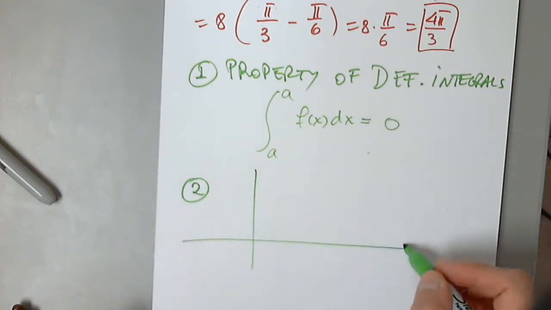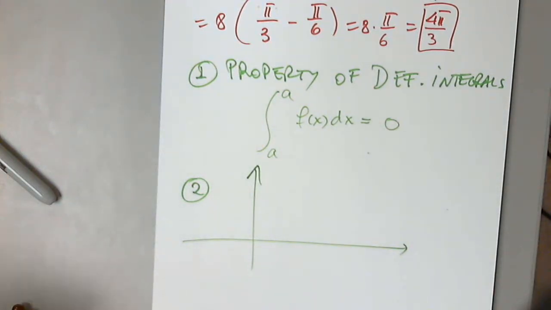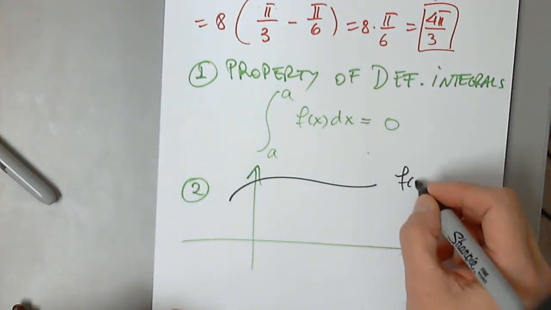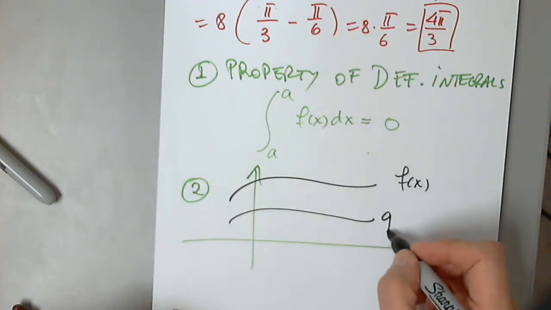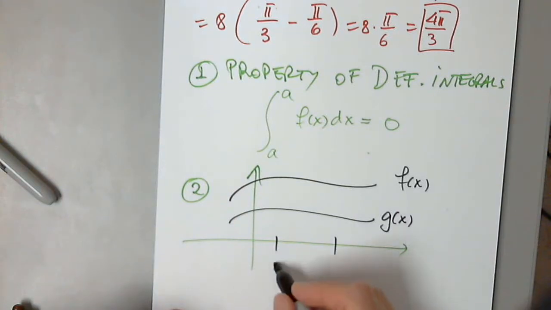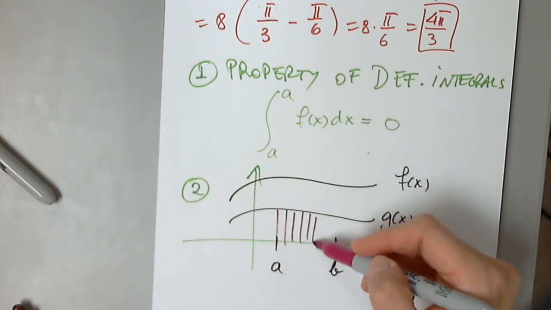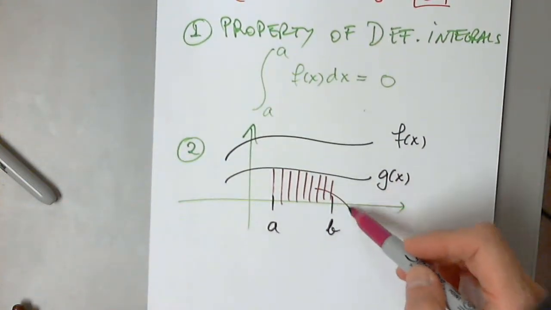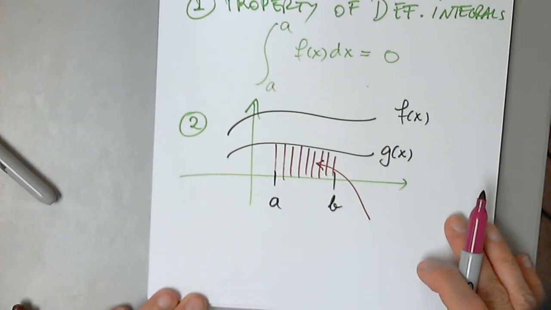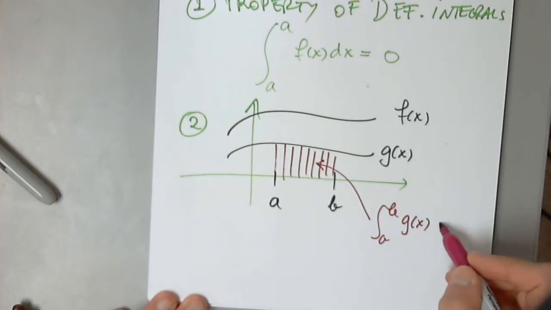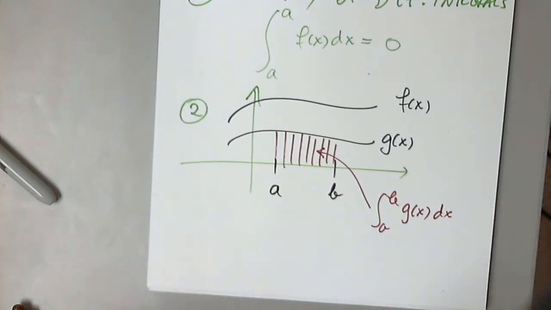Okay, here's the second one. Let's take a look at the graph. No, don't get scared. It's not our long-time friend. So let's say this is f of x. And let's say this is g of x. And this is the interval a comma b. Okay, so what is this area? What does this mean? Oh, this is the area between a and b from g of x dx. Right?